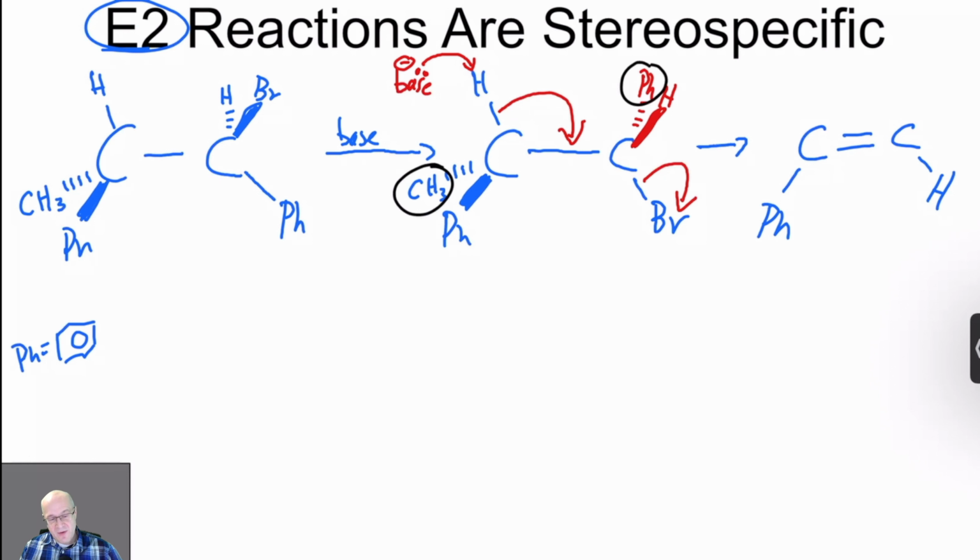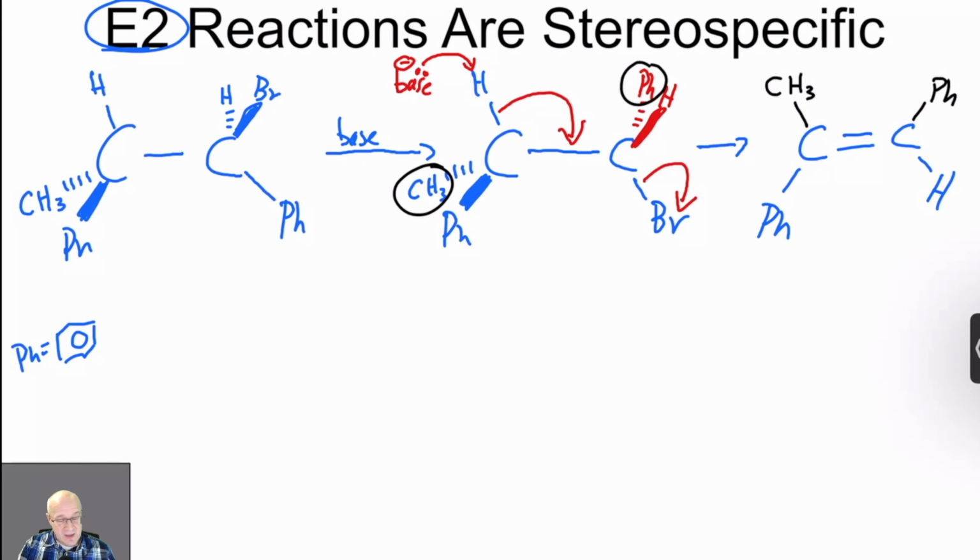So the methyl and the phenyl are both going away. So the methyl group and the phenyl group have to be in the same direction. And that's because the stereochemistry of this alkyl halide dictates that when this bromine is anticoplanar, the phenyl has to be here and the hydrogen has to be here.